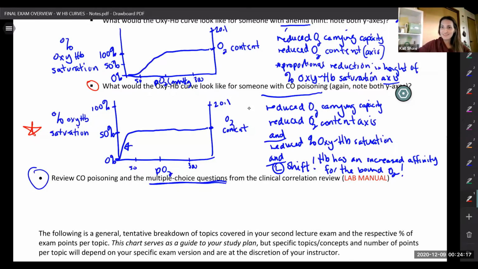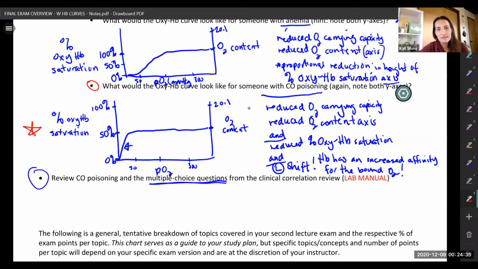So we're using the scale similar to what was in the homework packet from one of those diagrams. And then on the left side, we have the percent oxyhemoglobin saturation, 0 at the bottom, 100% saturation with oxygen here at the top.